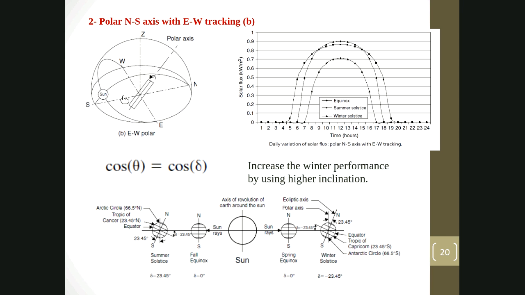The incident angle, as we defined it, is the angle between the sun and the normal to the surface. When you put your collector towards the polar axis, the angle between the normal and the incident represents theta. So theta here will almost be equal to the declination.